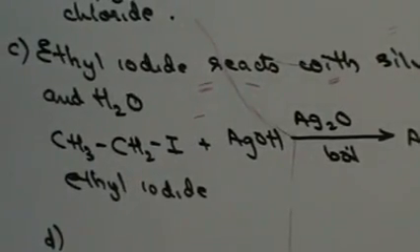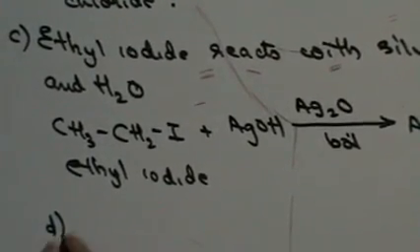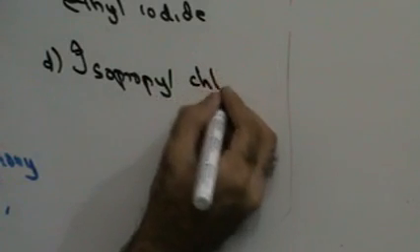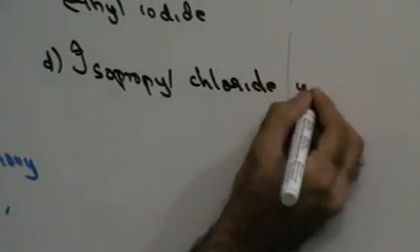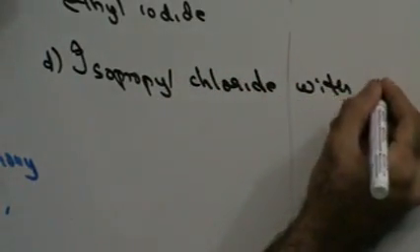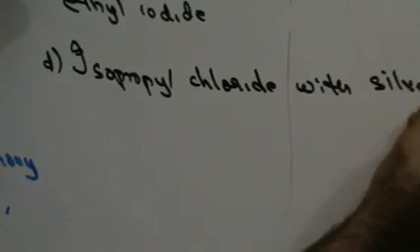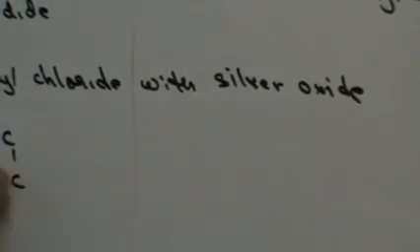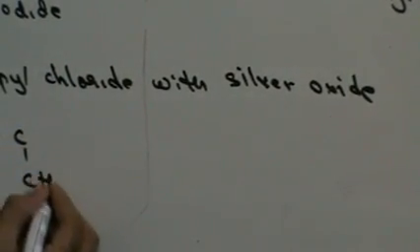What happens with isopropyl chloride with silver oxide? Right? Propyl, 3 carbon atoms. Iso, 1 carbon atom has to be in the branch.